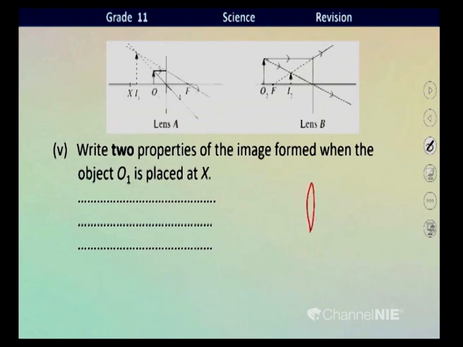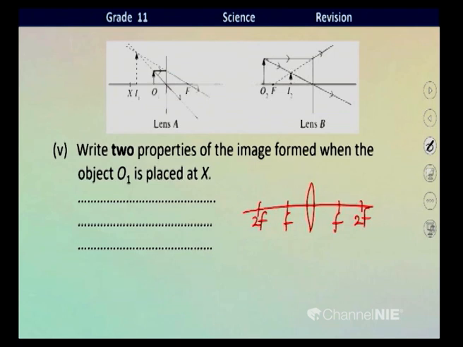If this is the convex lens, this is focus F and twice the focus, 2F. If the object is placed in between focus and the lens, we get an upright, virtual, enlarged image.